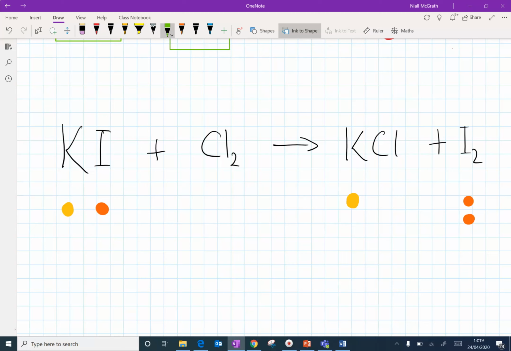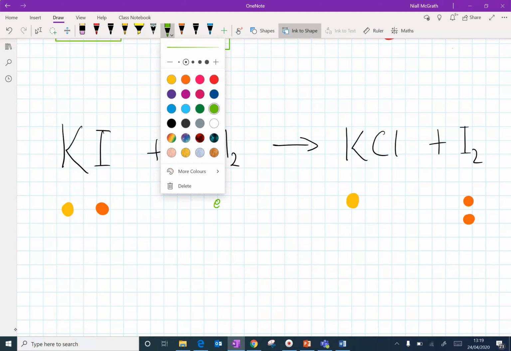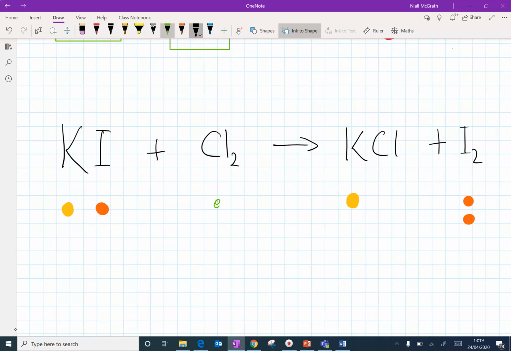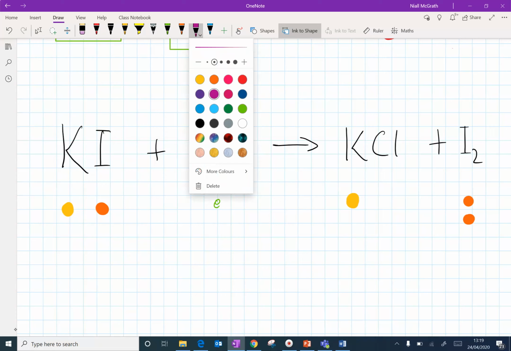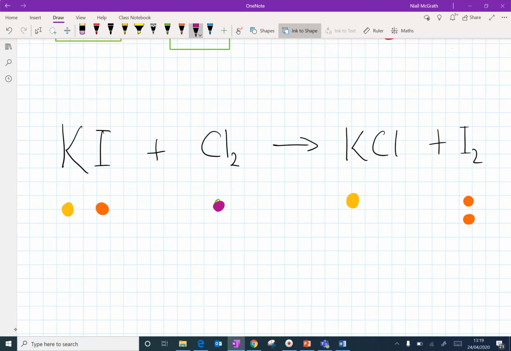And then with our chlorines, we might use a different color, use purple. So chlorine, 2 on the left, and when it's bonded to potassium, we only have 1 chlorine. So we see that our potassiums are balanced at the moment, but our chlorines are not.